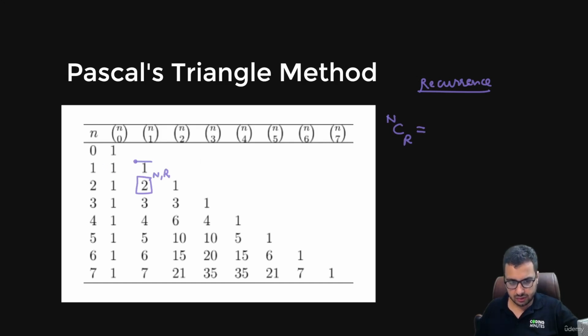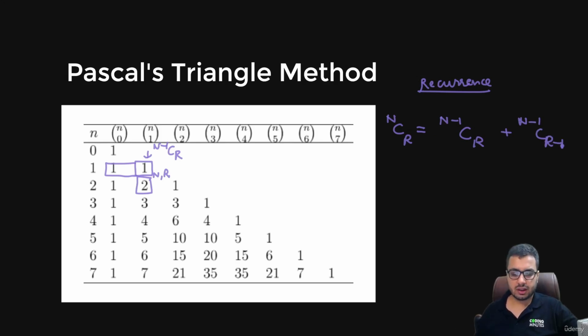It is the sum of the cell in the previous row and the same column, that is (n minus 1)Cr, plus the cell to the left of it, that is (n minus 1)C(r minus 1).